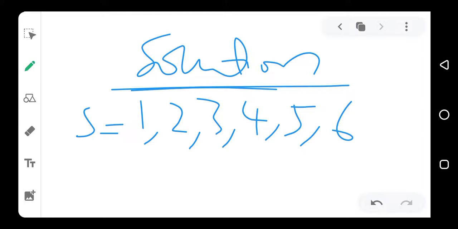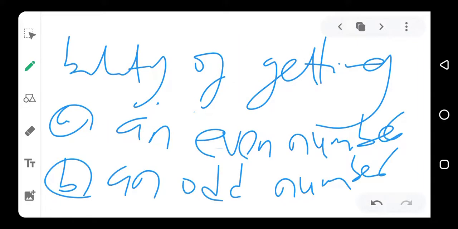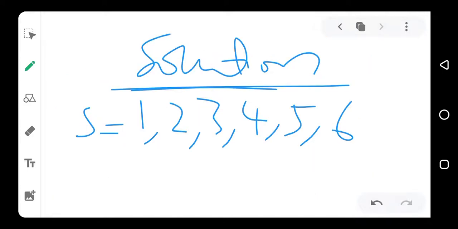Now, to answer question A, an even number, we look for the events that are even numbers in this sample space. An even number is a number that can be divided by 2 without remainder. 2 can be divided by 2 without any remainder. 4 can be divided by 2 without any remainder. And 6 can be divided by 2 without any remainder. So we have 3 even numbers in this sample space.